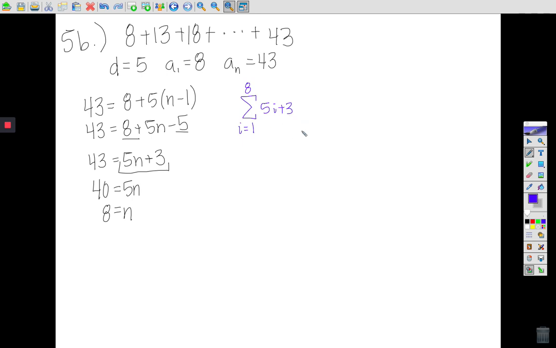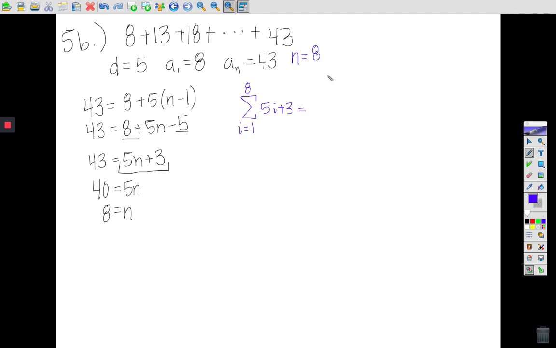Now to find our sum of that sigma notation, we would say 8 times first term, oh, not 8, it's how many, it's the number of our terms, n.